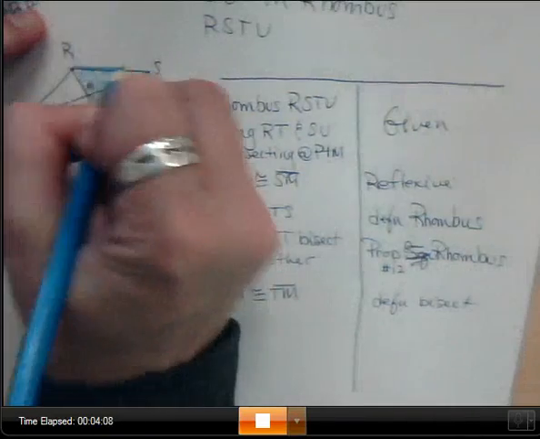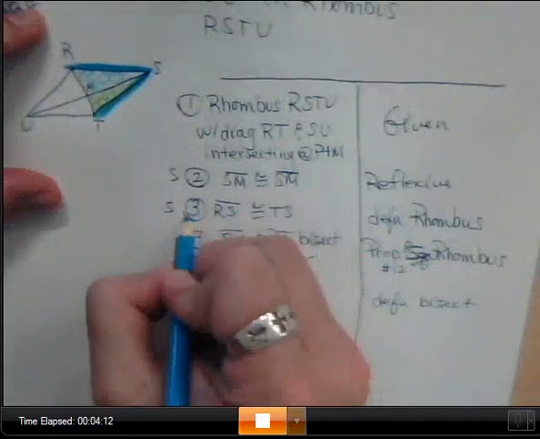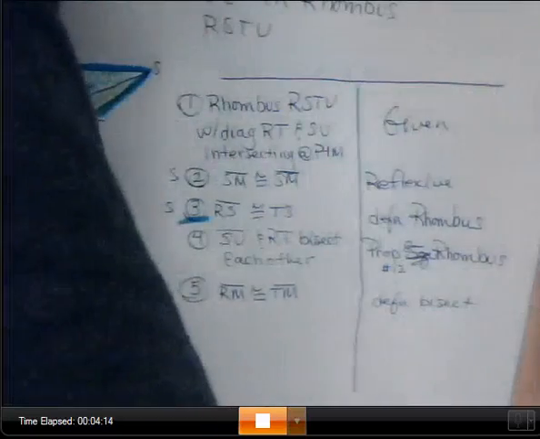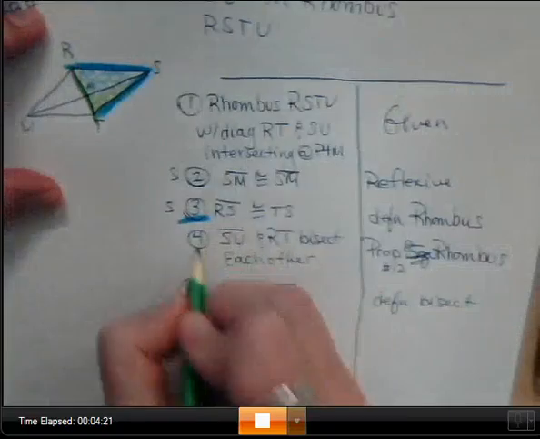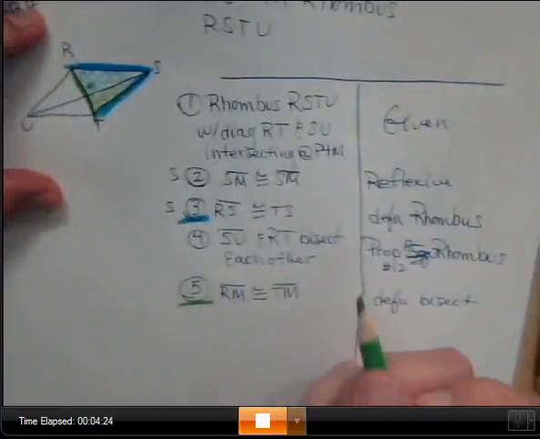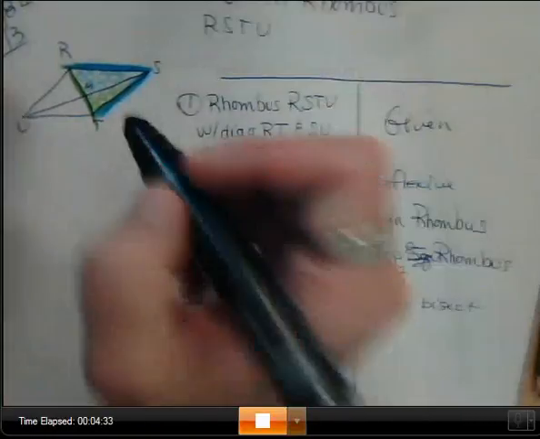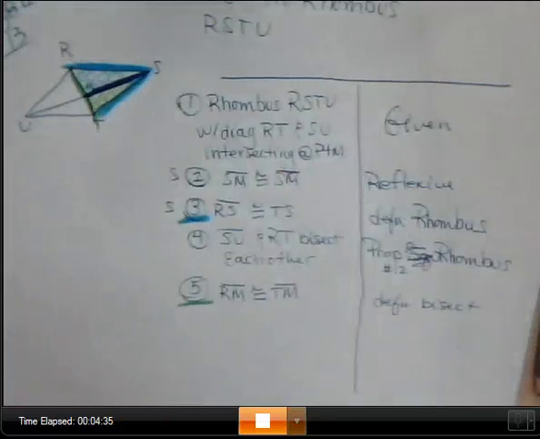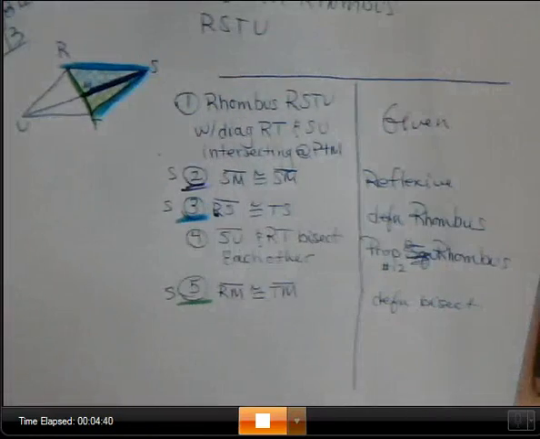We had RS is congruent to ST. That was our blue. We have RM is congruent to MT. That's that one. We have SM is congruent to SM. That one. So what do we know about those triangles?